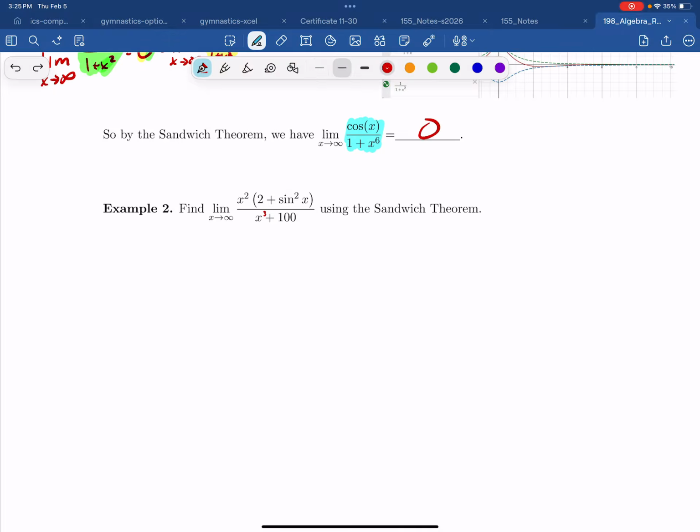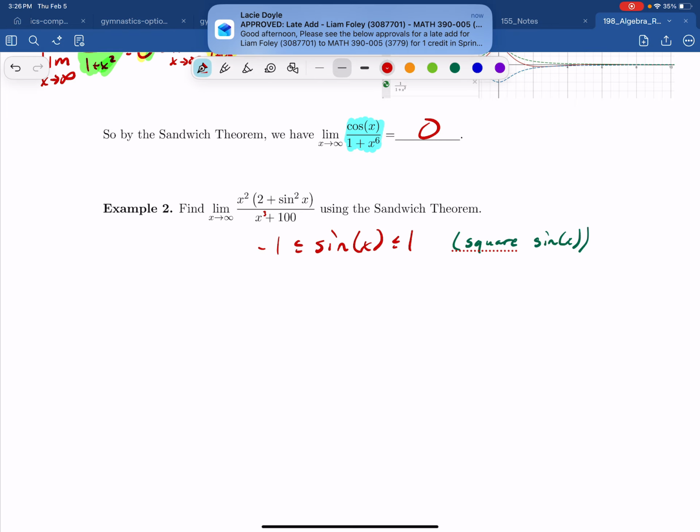So we are going to start with sine is bounded by -1 and 1. And at this point, we're just going to square both sides because we don't have sine, we have sine squared of x. Well, actually we have to be a little careful. I'll say square sine of x. Now what happens when you square sine of x?